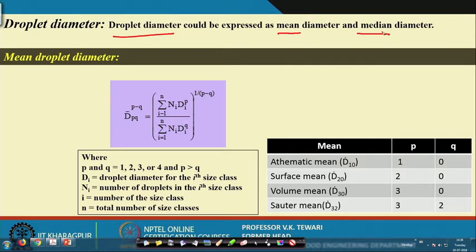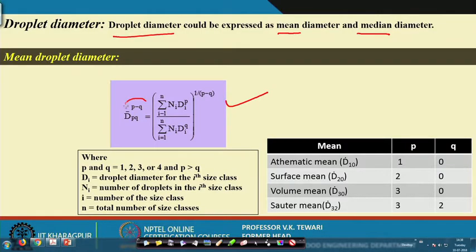So, mean droplet diameter is given by this particular expression. We have taken this expression because these are the ones which have already been in the literature, and it is worth telling you about what is already available, and you should make use of it when you are representing a particular droplet size.